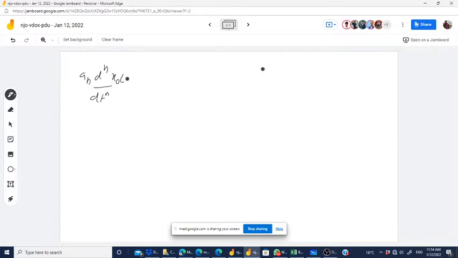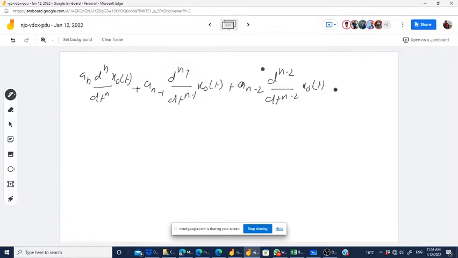This is the output: a_n d^n/dt^n x_o(t) plus a_(n-1) d^(n-1)/dt^(n-1) x_o(t) plus a_(n-2) d^(n-2)/dt^(n-2) x_o(t) plus dot dot dot a_1 d/dt of x_o(t) plus a_0 x_o(t).